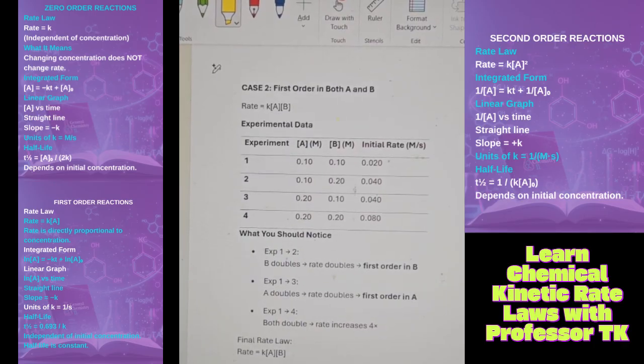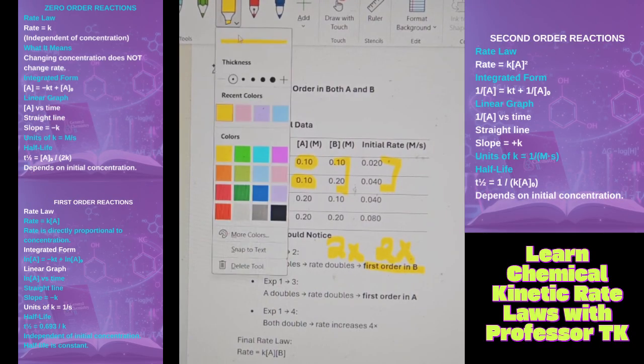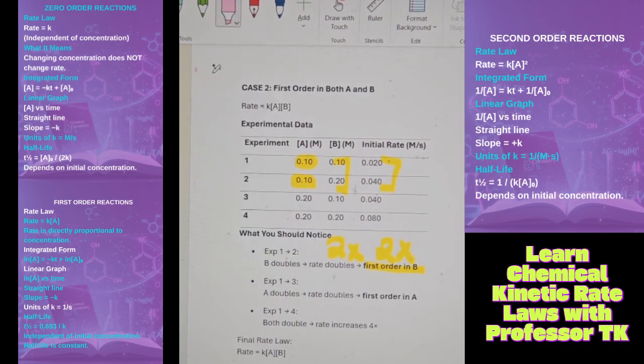Okay, same thing here. Let's say that you have first order for both A and B. If I'm looking at experiments 1 and 2 for B, I'm keeping A constant, but I have to look at the data for 1 and 2. They both doubled, so that's first order. However, if I were looking at A, I'm going to keep B constant right here.